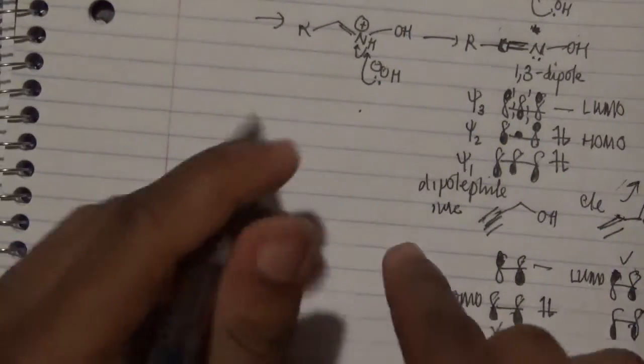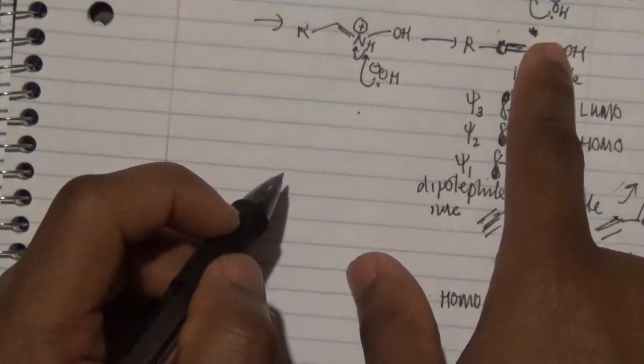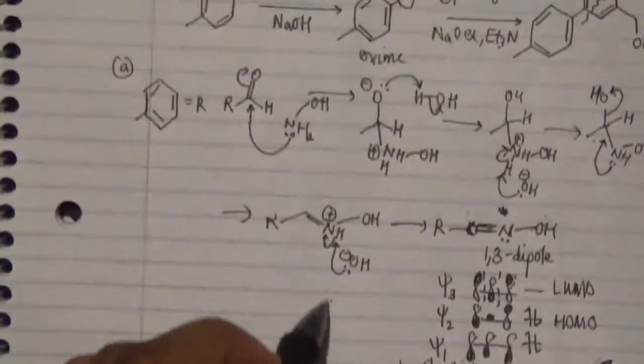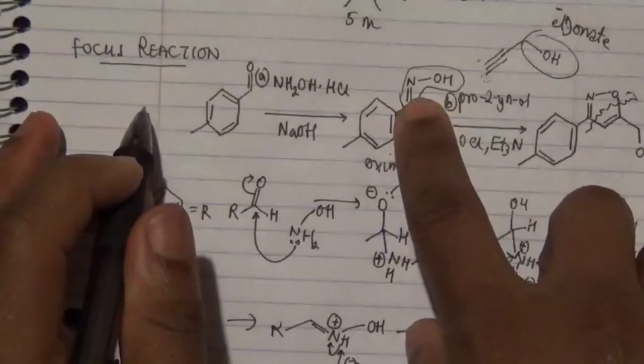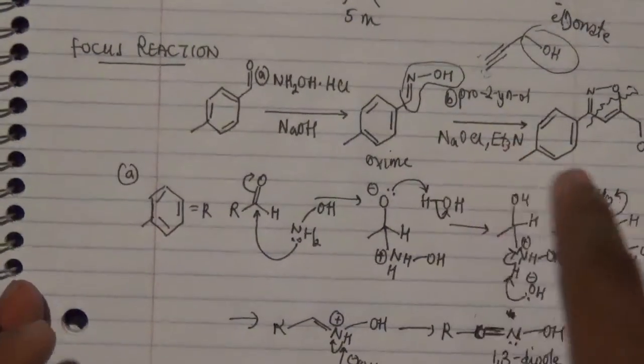So let's look at how we're going to transform this particular species over here, which is our oxonium, into our final product in the presence of this species over here.